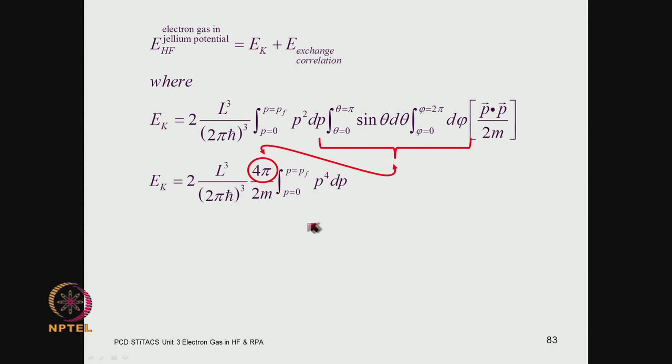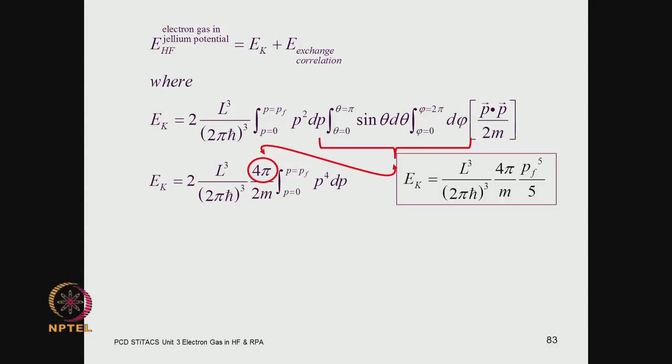So, let us have a look at this. Here you just have an integration over the solid angle, okay, which will give you a factor of 4 pi. And you have p square and then p square over here. So, you will end up integrating a 4th power of p.